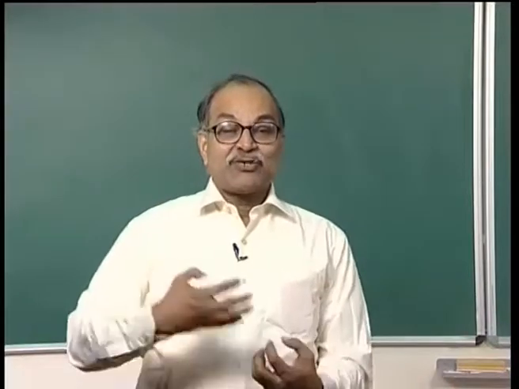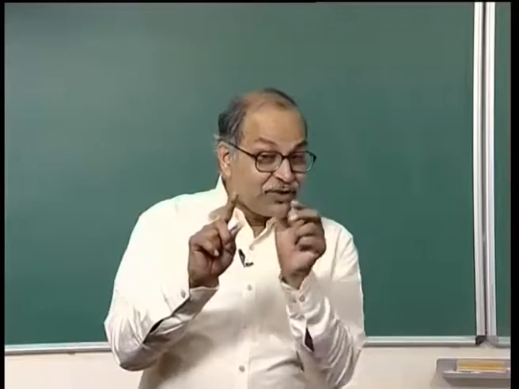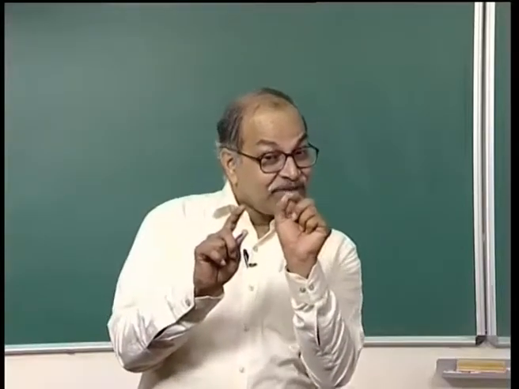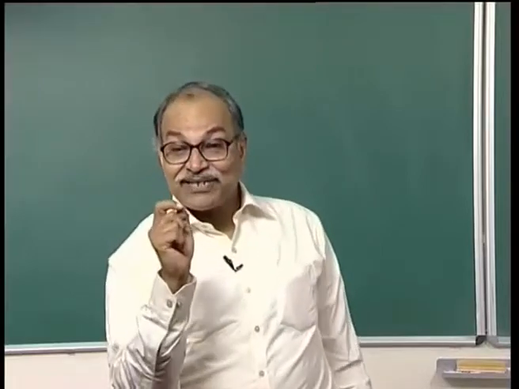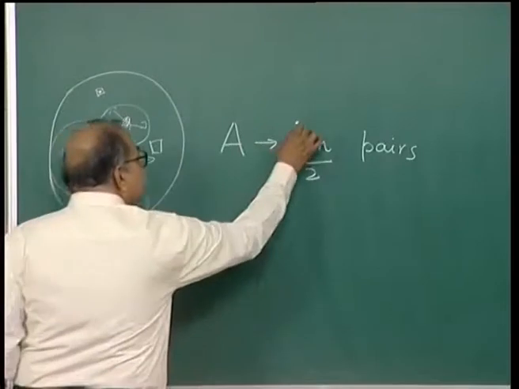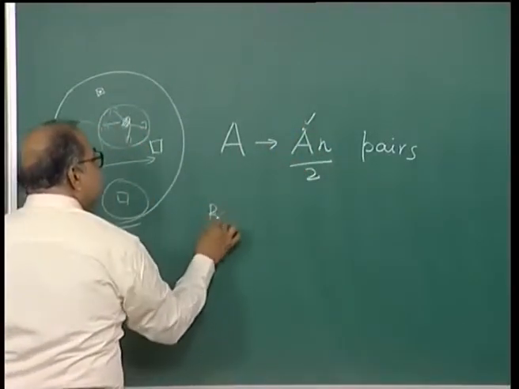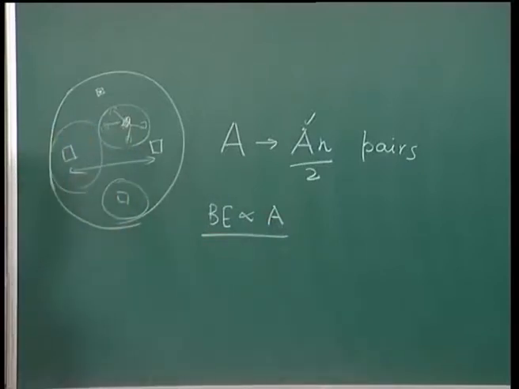It is A times n, but then remember each pair is being counted twice: once when I was considering this nucleon as the seed nucleon, and a second time when I am considering that nucleon. But anyway, that does not matter. It is proportional to capital A, and this will give you that binding energy is roughly proportional to capital A, which is observed.